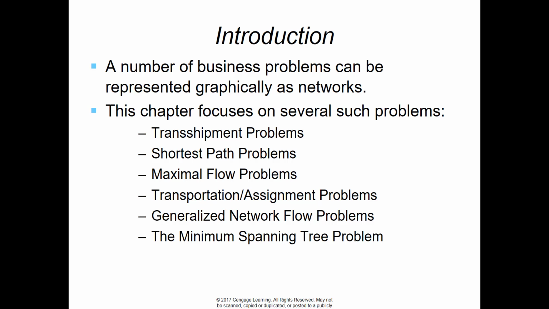The transshipment problem is the type of problem where we have several sources and we want to send material to different destinations. In this type of problem, we want to minimize the cost associated with this transshipment.